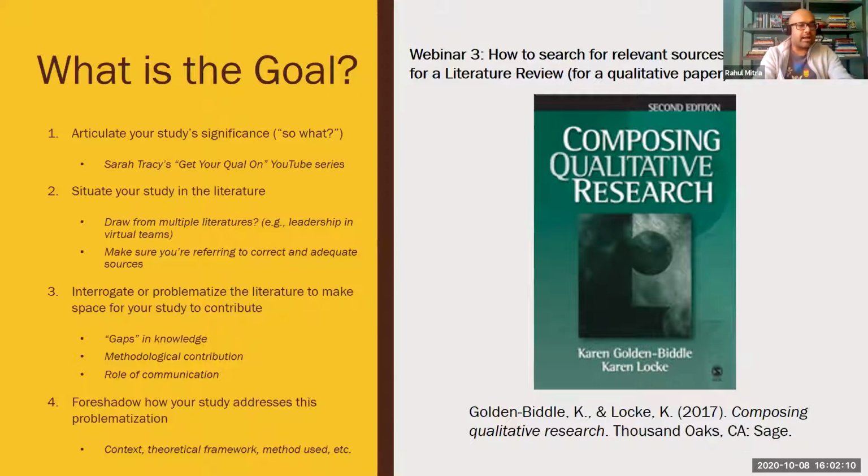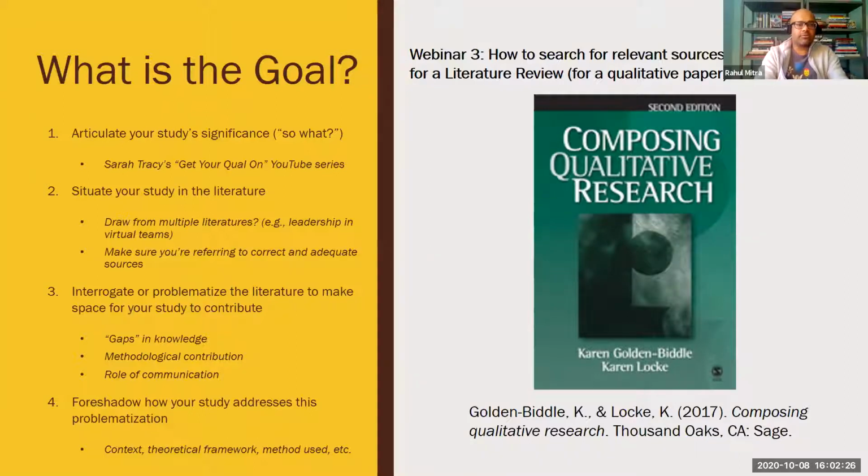This book highlights some really important goals for the literature review. It's helpful to quickly go over these goals again, because that will help us understand how your literature review should be organized.